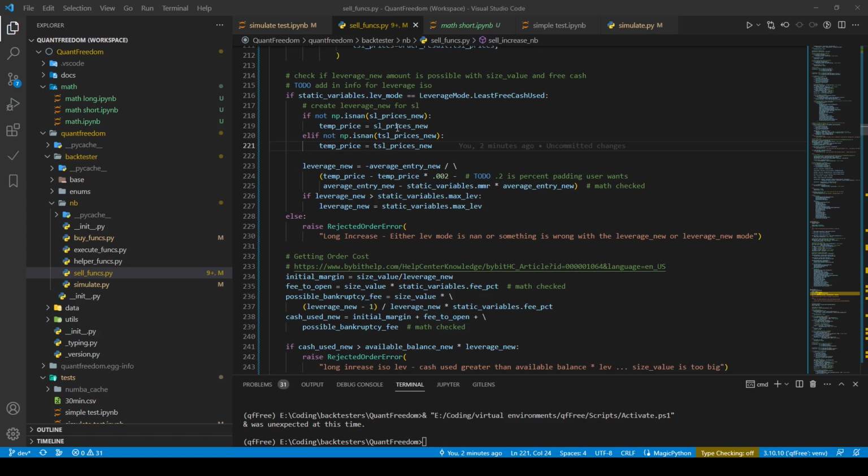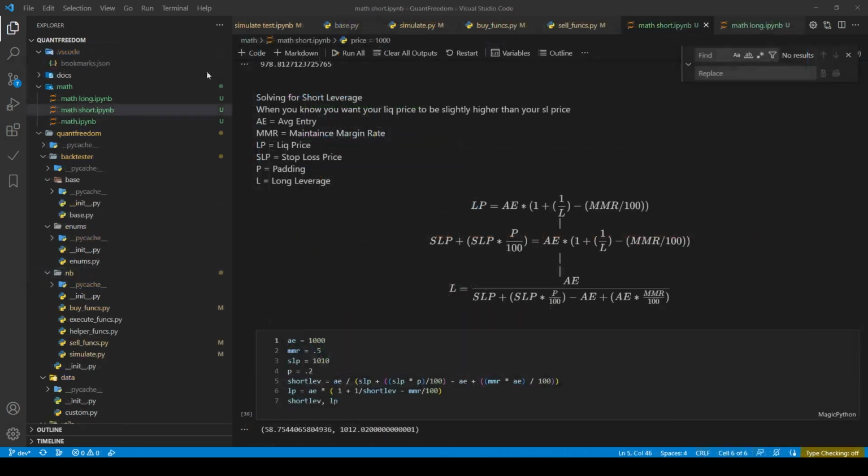So here, the leverage new is... I have to go over to math here. So I guess we already have it. Solving for short leverage is your average entry divided by your stop loss price plus stop loss price times this minus your average entry plus your average entry times your MMR.